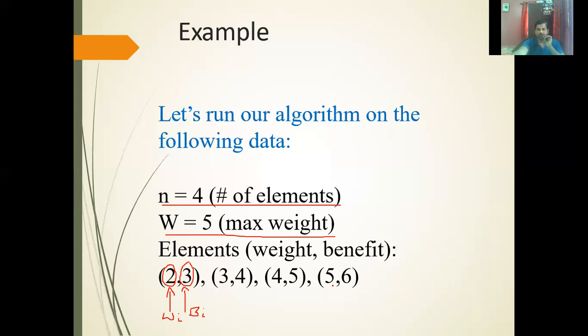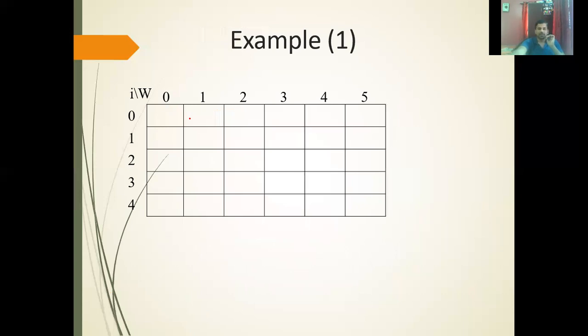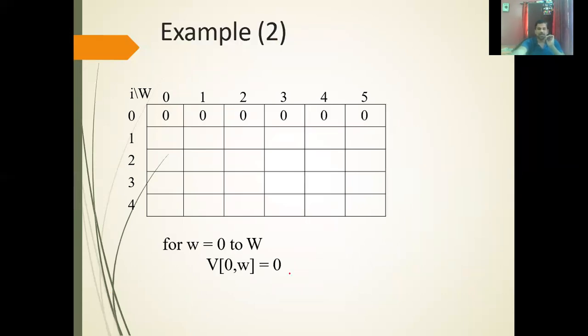So as per your algorithm, first row should have to be initialized with zeros. So that happens through your first for loop, w is equal to 0 to capital W, where capital W is 5 here. Okay, so initialize everything to 0. Now I want to initialize your first column, the second for loop in your algorithm. i is equal to 1 to n.